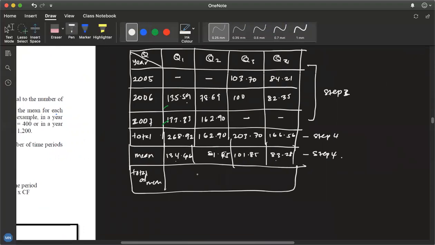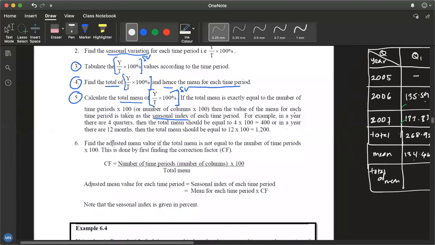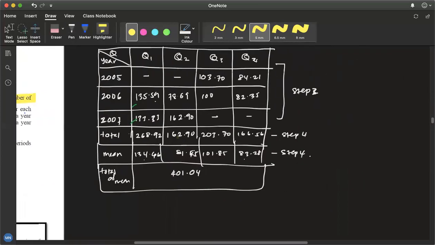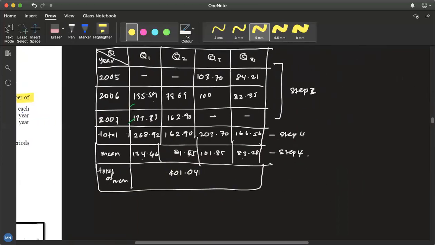So this one should be equal to 401.04. So step number 5 says that if the total mean is exactly equal to the number of time periods multiplied with 100%, right? So the total mean is 401.04.